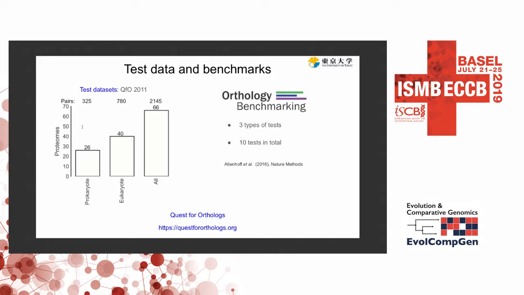And maybe more generally speaking, if you look collectively, it seems to me orthology, as was mentioned previously, remains quite a difficult problem. Where do you think all the methods are still making many mistakes? Well, I've seen, at least in the benchmark results, they're very different.